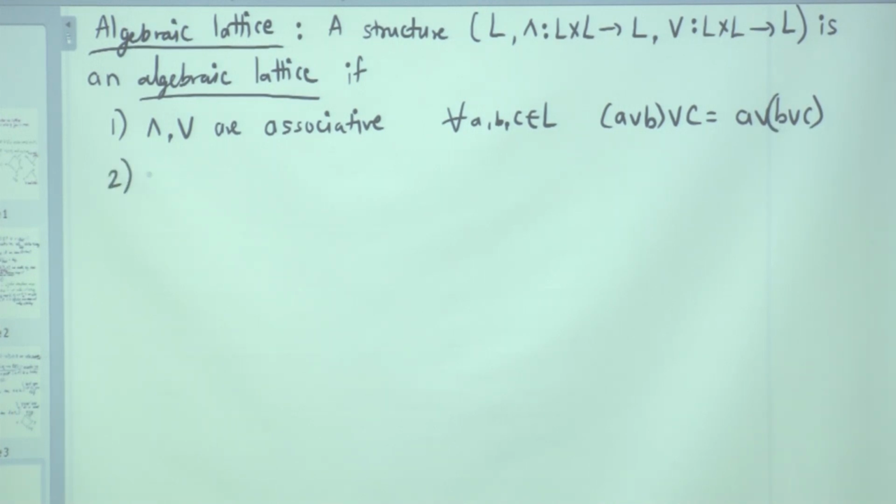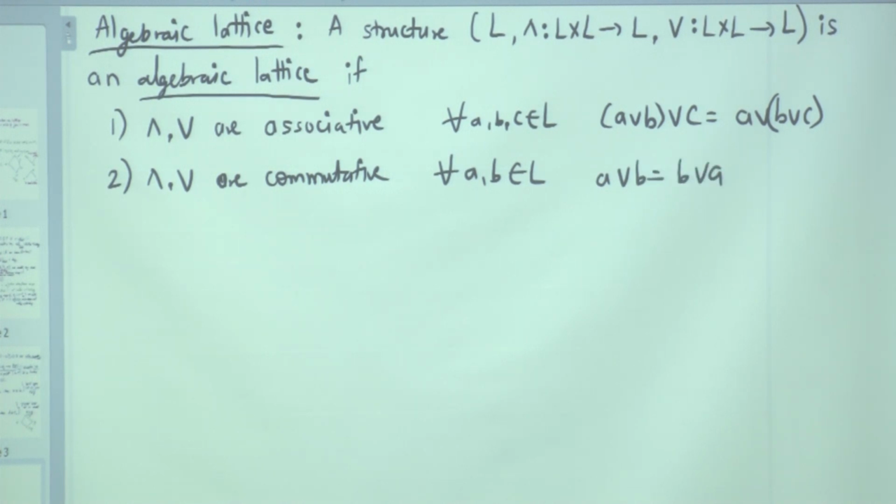Second, meet and join are commutative, means for all A, B in L, A join B is equal to B join A, and a similar property for meets.